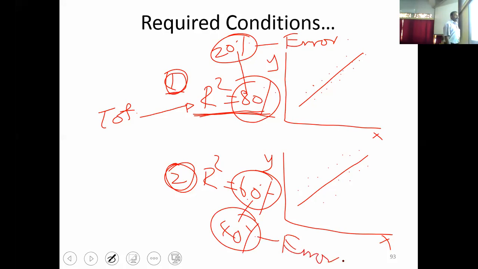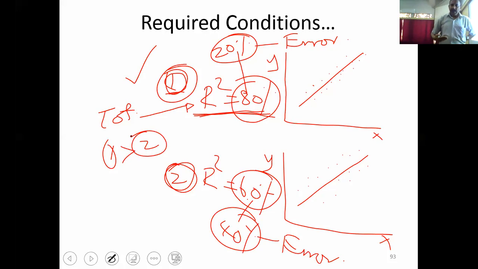So now, which model is better? Definitely model 1 is better than model 2. Why? Because when R square is high, it is explaining more variability of Y compared to the other models. In the first example, it is explaining 80% of the variability.